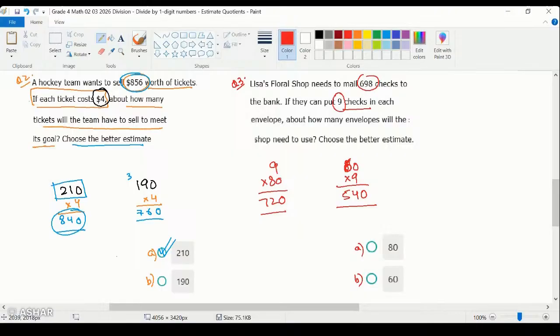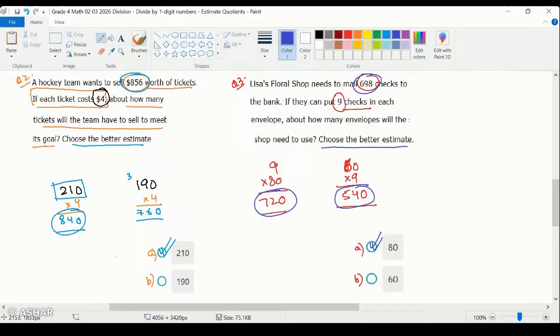We know that 540 is a smaller number. We always have to go to the larger number because of 698. That means 80 was a better option, right? It's just an estimate. They're not giving the exact. What we did in our working was the exact, but they are just asking us for the estimates.